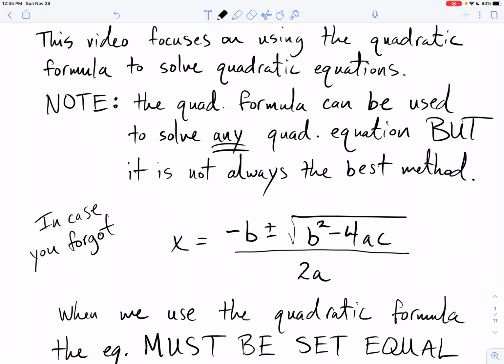That's it. And yes, the quadratic formula can be used to solve any equation, but it is not always the best method. Keep that in mind because in the next video, I'm going to show you one of the shortcuts.